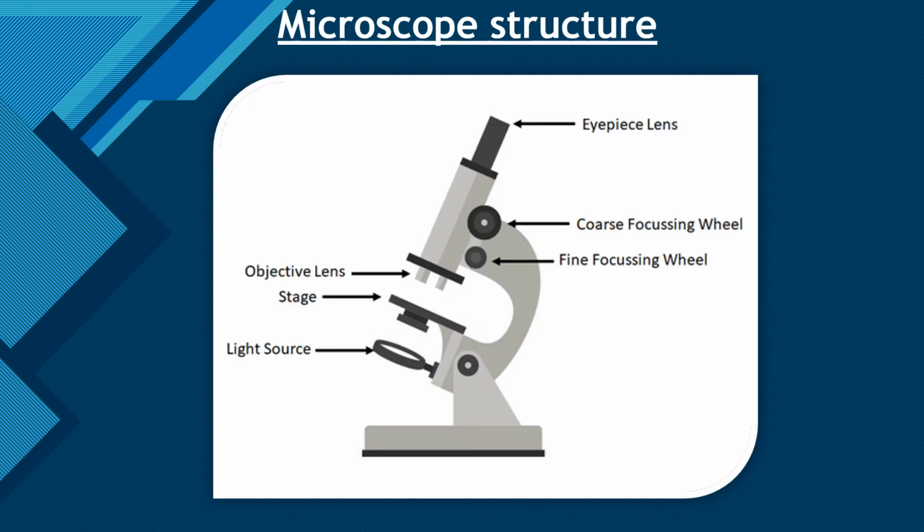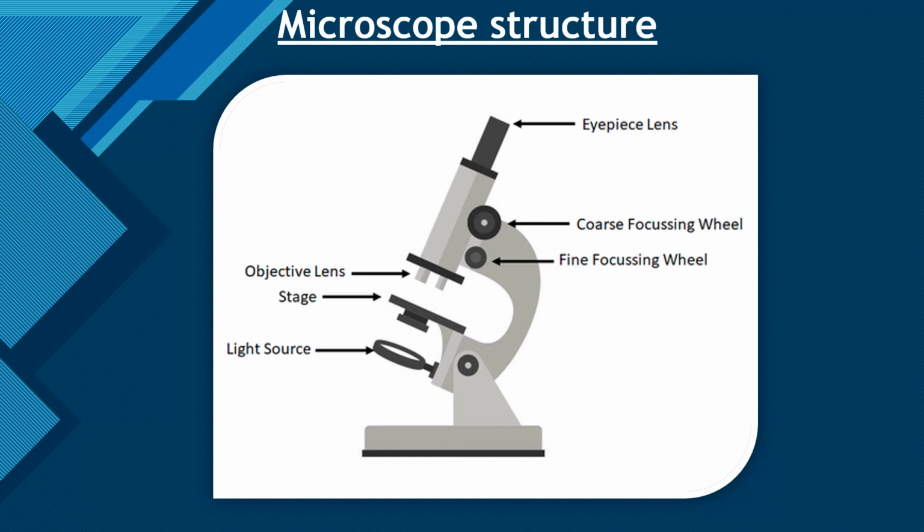Okay, so the microscope structure. This is what a typical microscope looks like. This is a light microscope, because if you read here, there's a light source. And we should know these parts by heart. Usually it says here stage, right? There's also a slide here. There should be a slide. This is where the specimen is actually located.